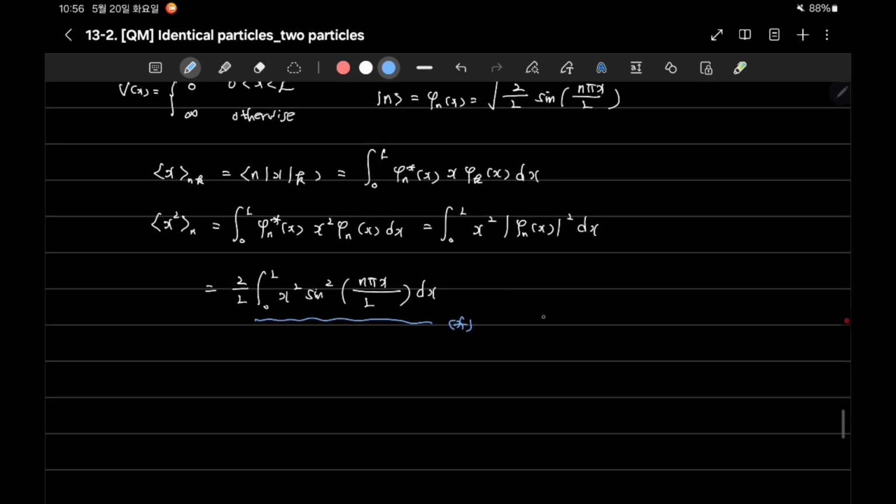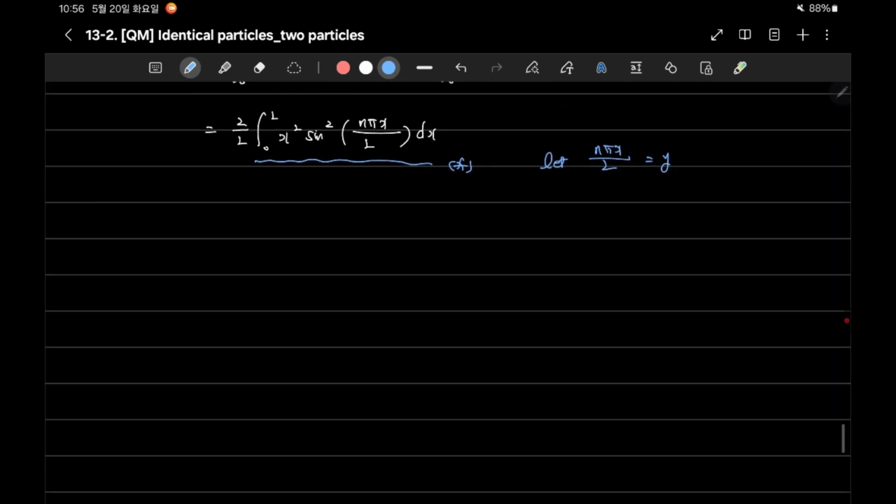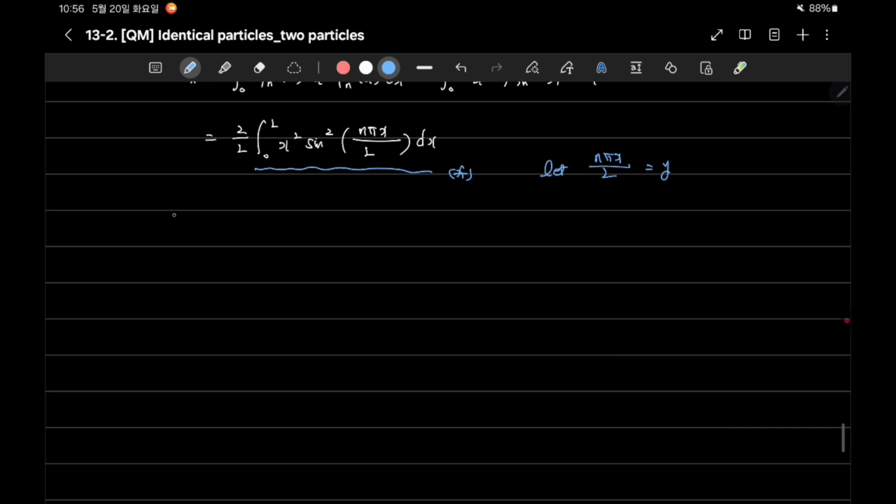To calculate this, let n pi x over L be y. I'm sorry. In this case, in the integration star, x equals L over n pi times y, so L over n pi cubed.